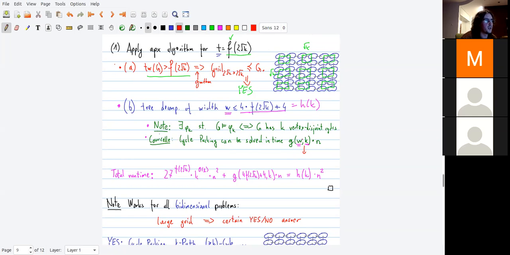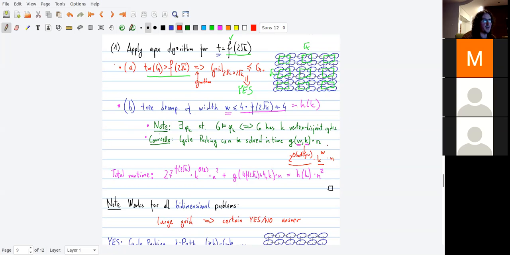If you do not like Courcelle's theorem and you want to design your own dynamic programming algorithm, it is not hard to get this to run in time, probably something like 2 power w log w times k power w, I guess, times n. This would be the running time of your algorithm if you design it by hand. Yeah, you need to remember, like matching cycle for a Hamiltonian cycle, plus you need to remember which vertices of the bag are in which cycle.